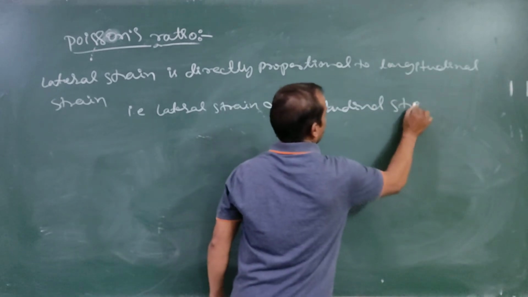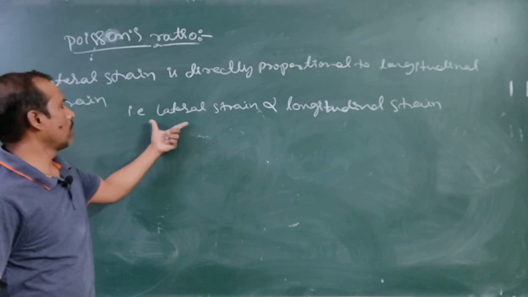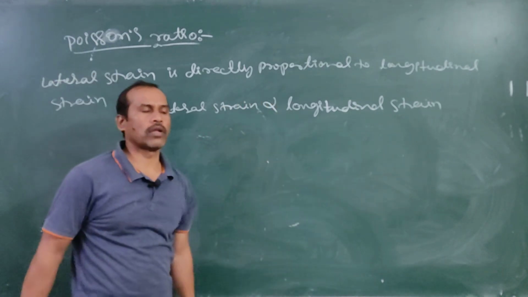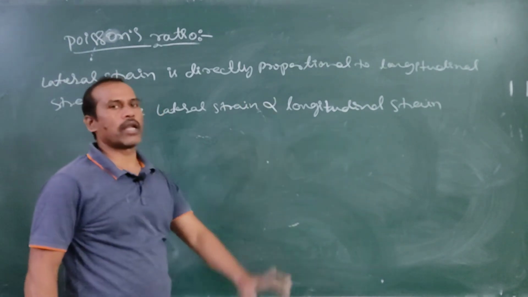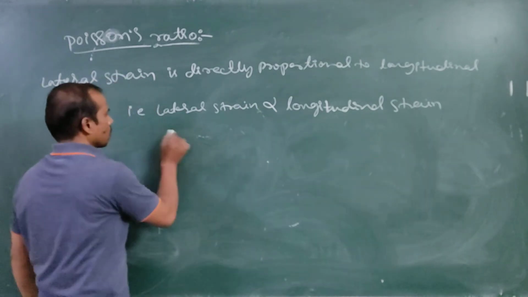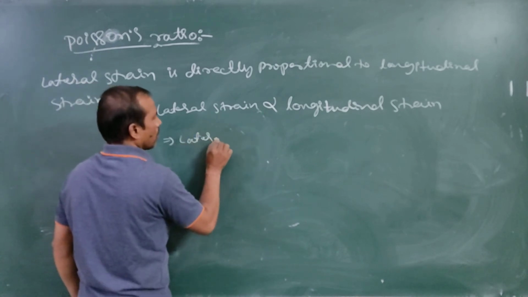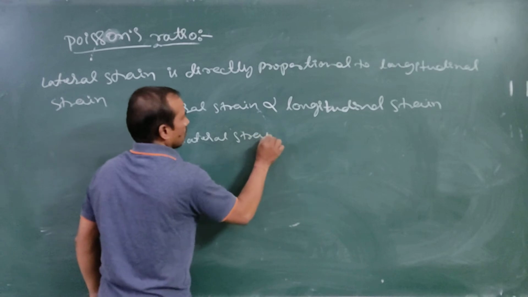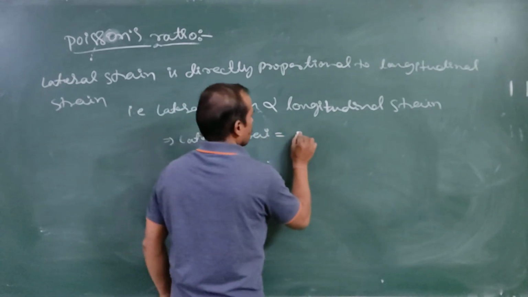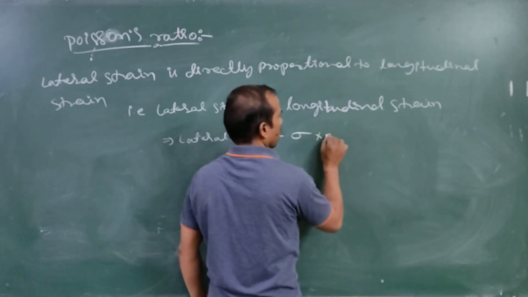This is a ratio, directly proportional. So removing the proportionality from this equation, the lateral strain is equal to some constant, any given constant, times the longitudinal strain.